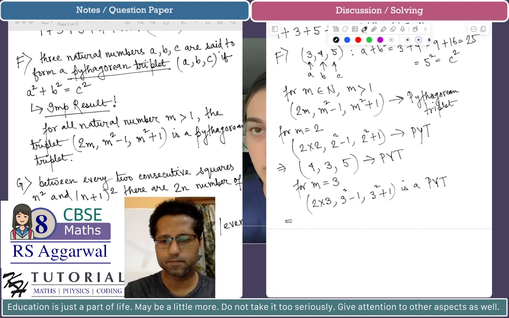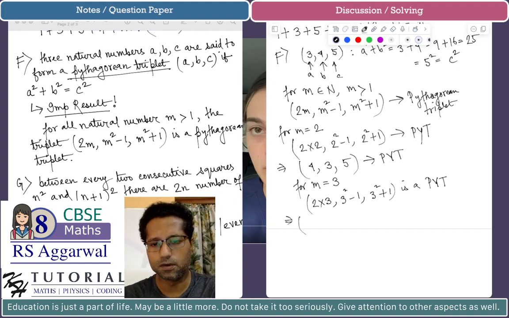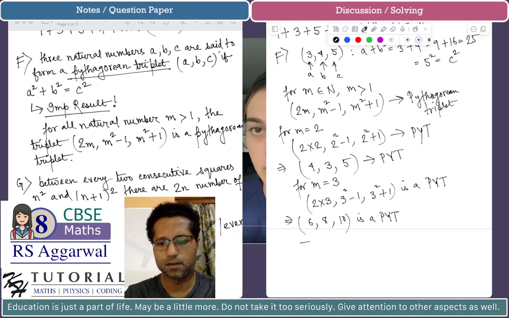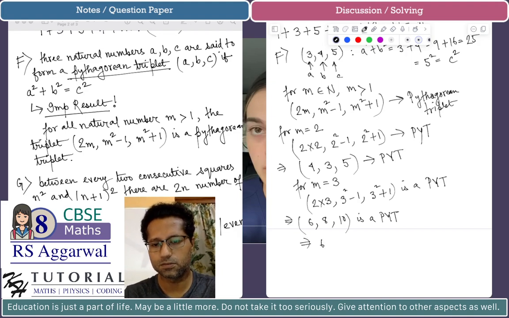This implies that 6 comma 8 and 10 is also a Pythagorean triplet. This means that 6 square plus 8 square is equal to 36 plus 64 is equal to 100 is equal to 10 square.